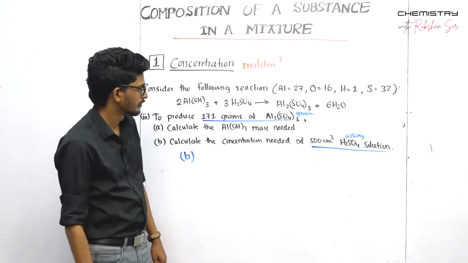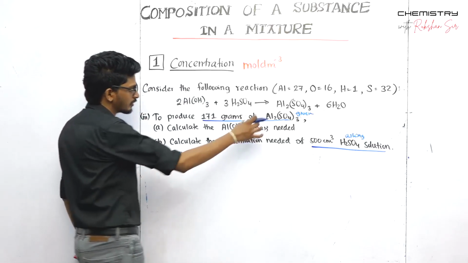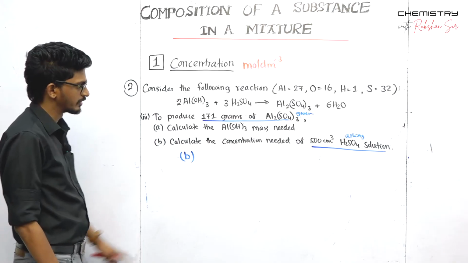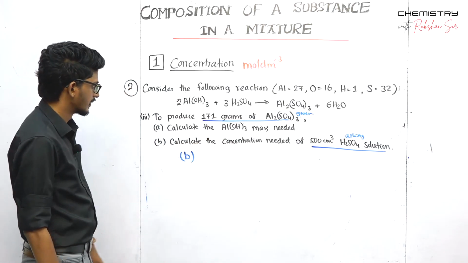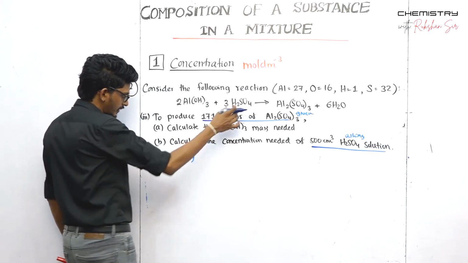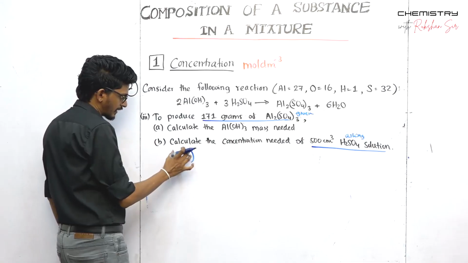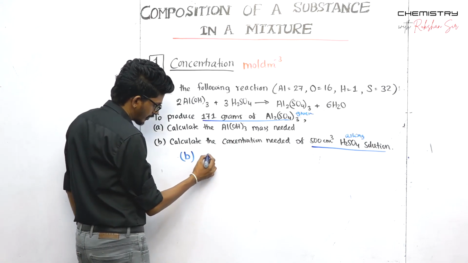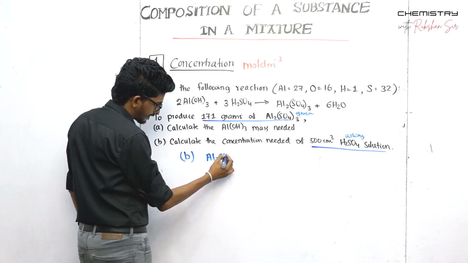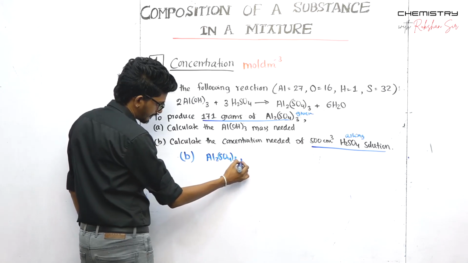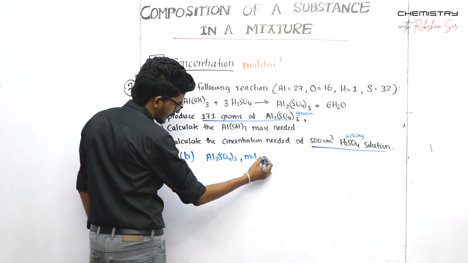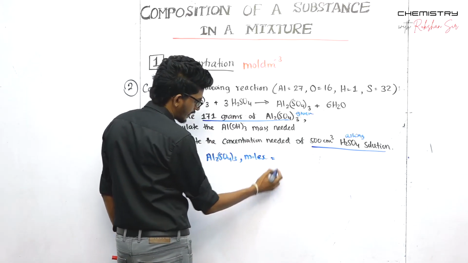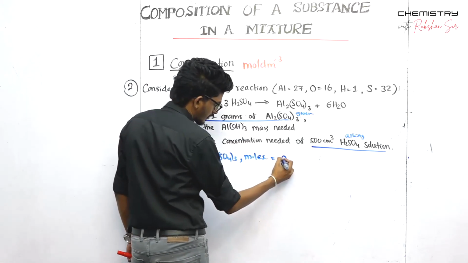So first of all, the given thing should be converted to its number of moles. With part A, we have done that. The number of moles of aluminum sulfate we had calculated was given as 0.5 moles.